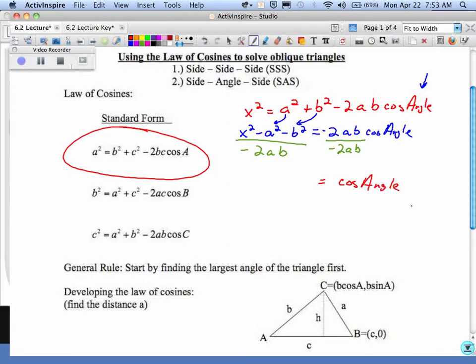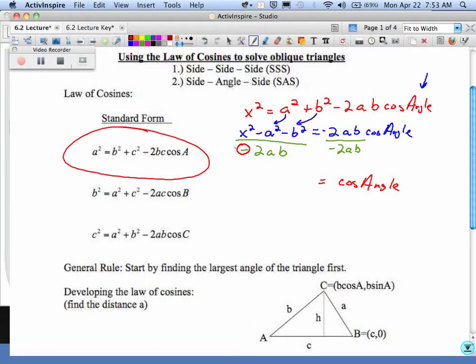Now when you look at this stuff, the x squared minus a squared, b squared, negative 2ab, there are a ton of negative signs in the formula, right? So one of the things that I would do mathematically is I would take that negative sign. Now remember with fractions, it can be on the top, the bottom, or even out in front, right? And the fraction's negative.